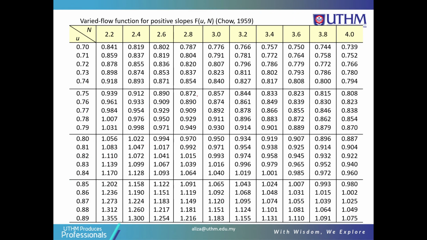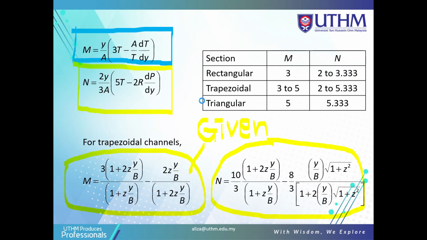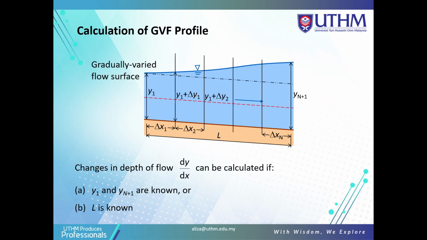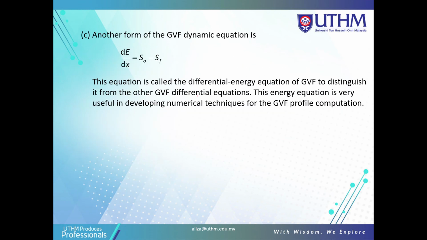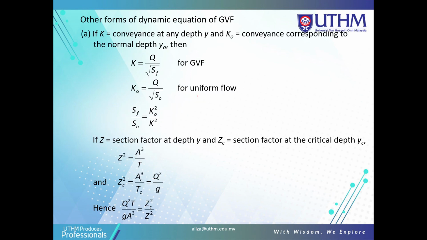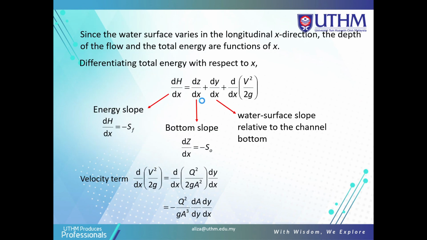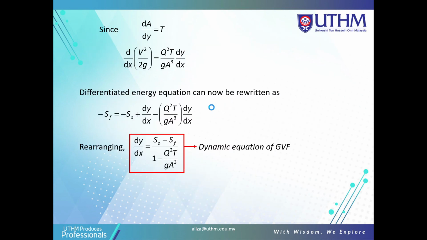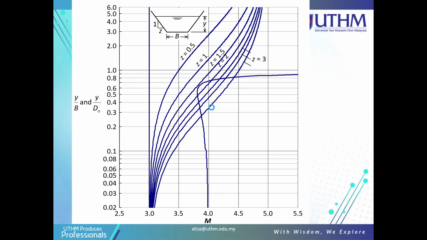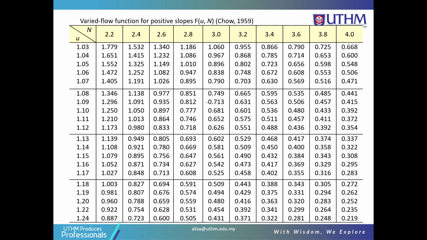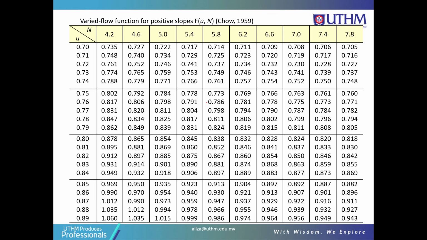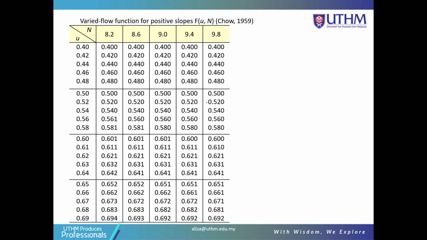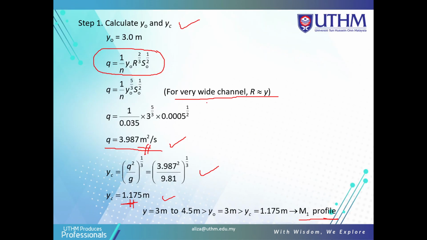Okay, E is from, sorry, okay, this one. Okay, E is from this specific energy here, so you use this E to get the E in the direct step method, the last method that you use. Okay, E from the previous slide, you get the E.